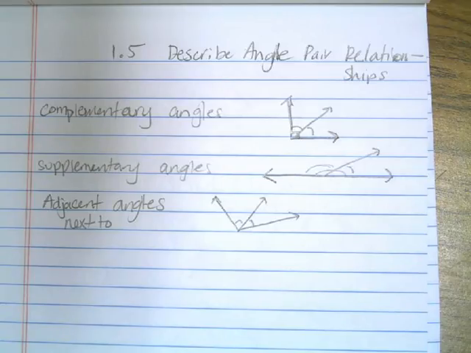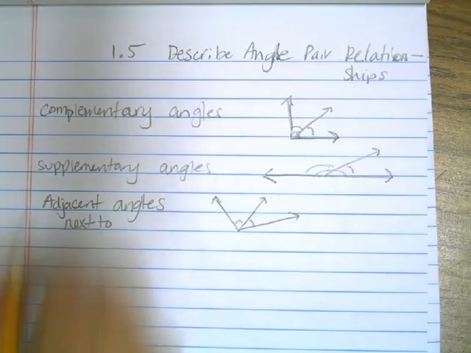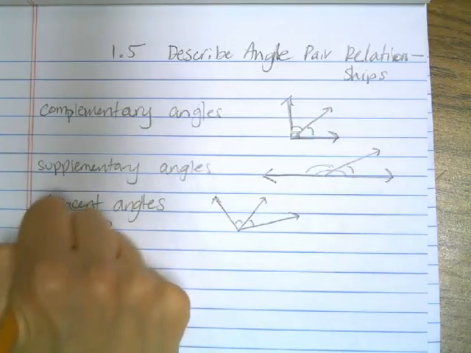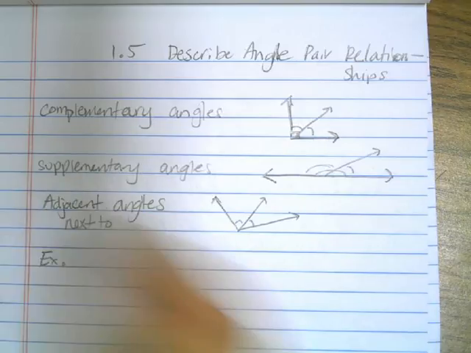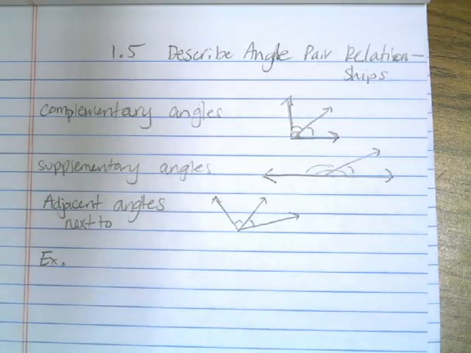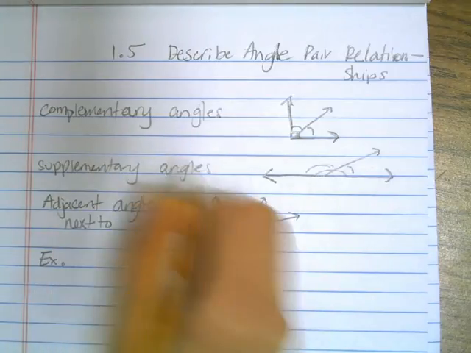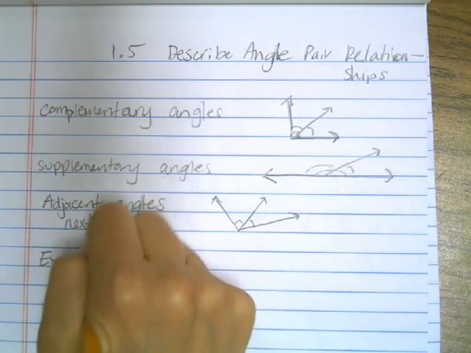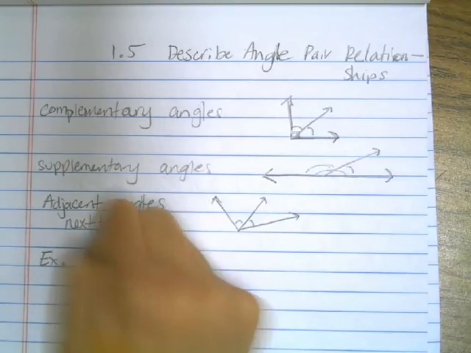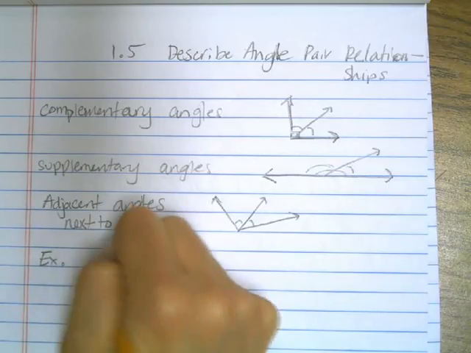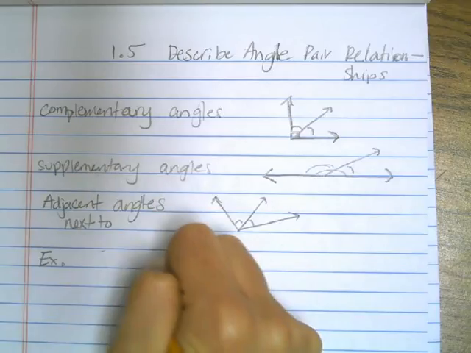Let's say this is B, C, E up here, and D. So you know that they're supplementary. Then let's say they want you to find the measure of angle BCE.